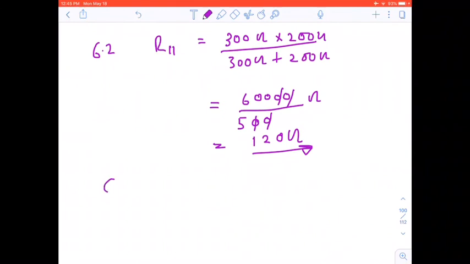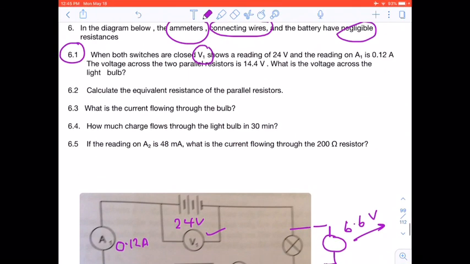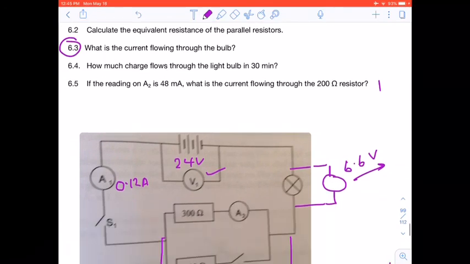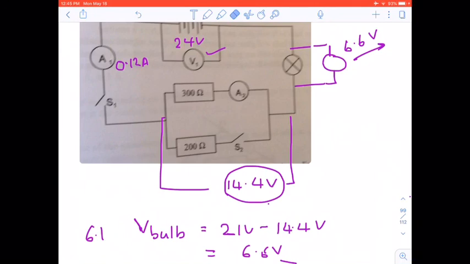Right, then let's look at the next one, 6.3. It says, what is the current through the bulb? We know that the bulb is connected in series.